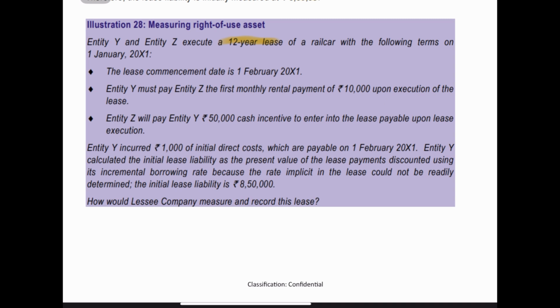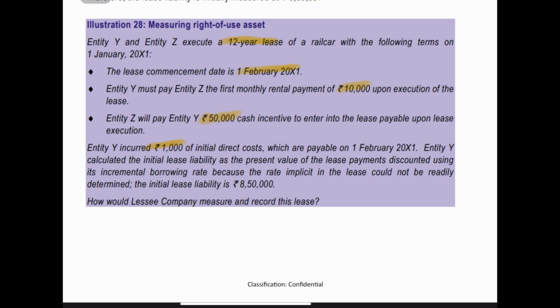The lease commencement date is 1st February 2021, and entity Y must pay entity Z the first monthly rental payment of 10,000 upon execution of the lease, and entity Z will pay entity Y a 50,000 cash incentive to enter into the lease, payable upon lease execution, and entity Y incurred 1,000 rupees as initial direct cost, which is payable on 1st February 2021.